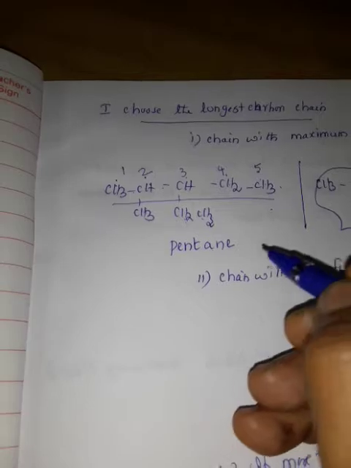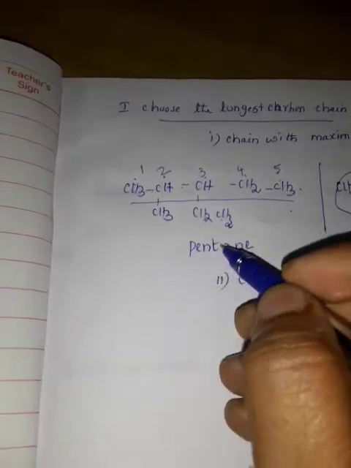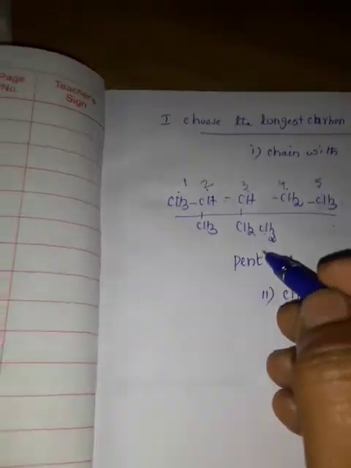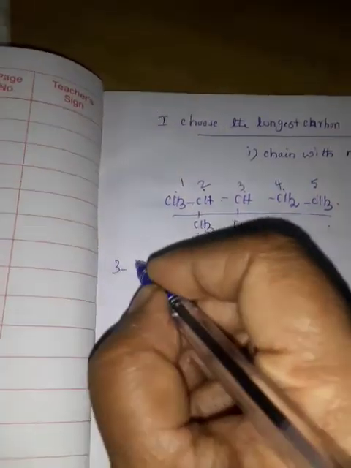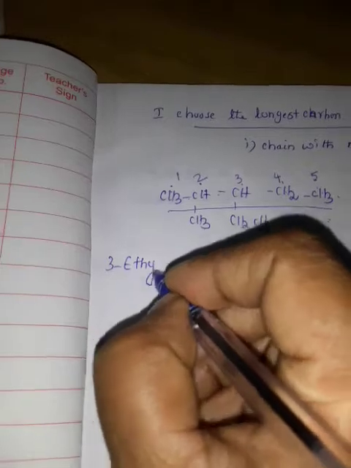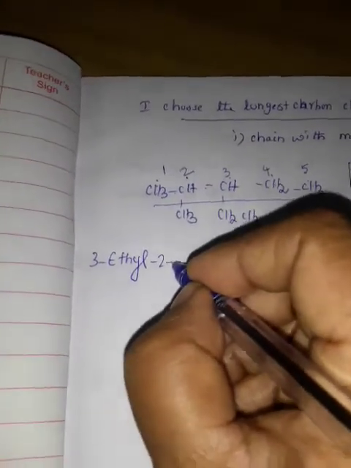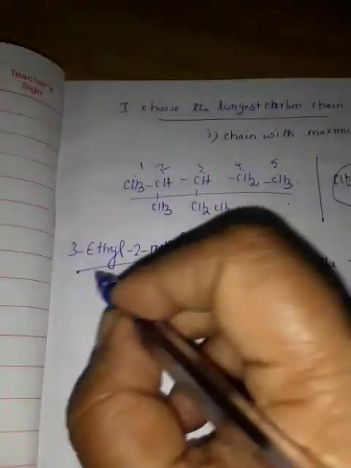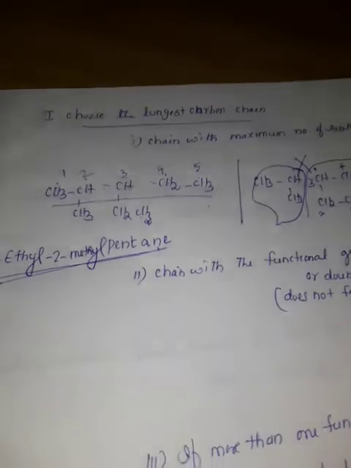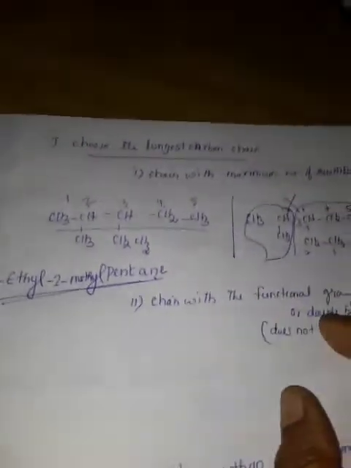The prefix should come before the root word. Third carbon contains the ethyl group, so 3-ethyl, 2-methyl pentane. This is the name. Selecting the other chain is the wrong method. This is the first rule.